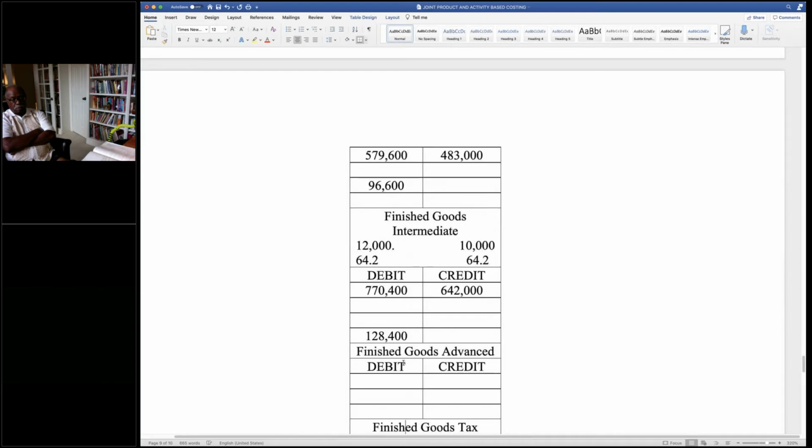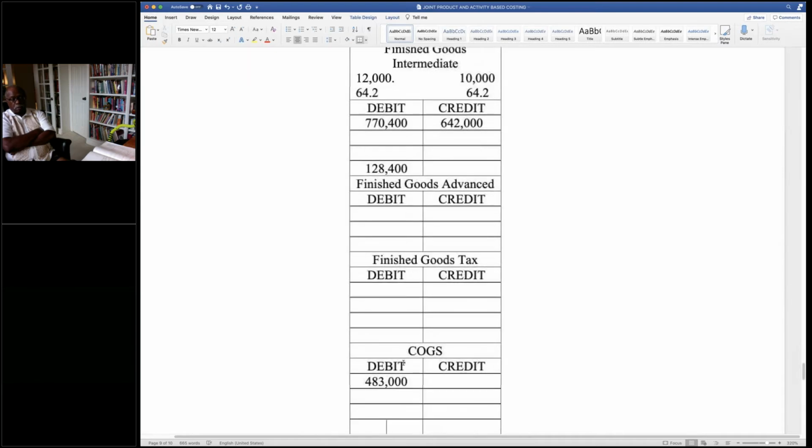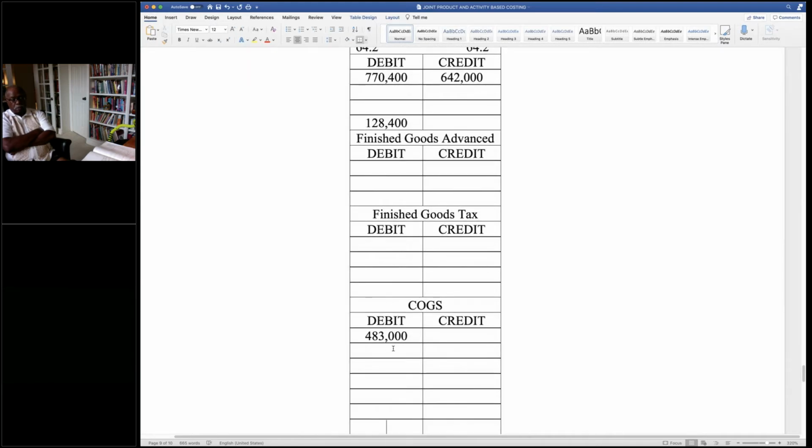All right. And how much you put under the cost of goods sold? 642 for the intermediate.